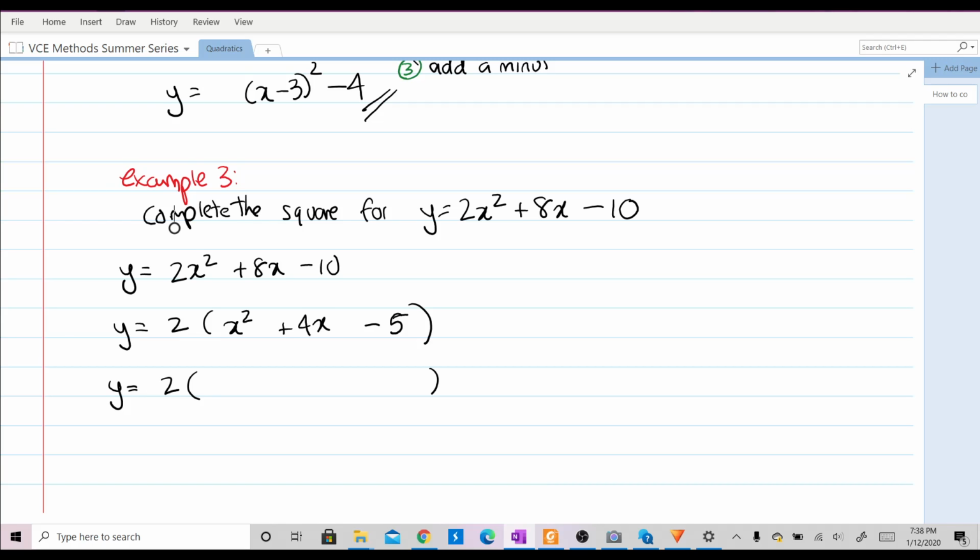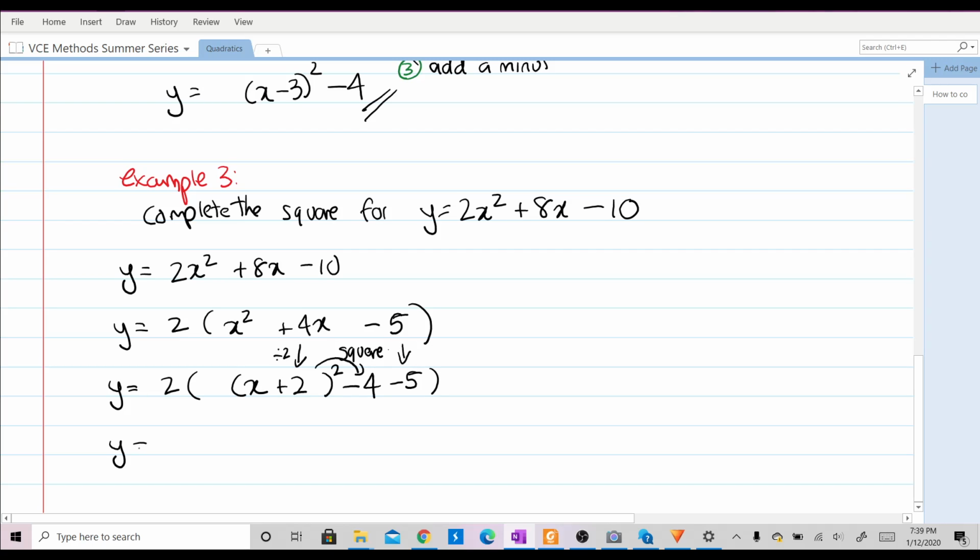The first thing we're going to do is put our bracket in, square it, divide this by 2, so we get plus 2, square it, so we get 4, add the negative, and then drop the negative 5. So then, putting the outside bracket first, we have (x plus 2) squared minus 9.